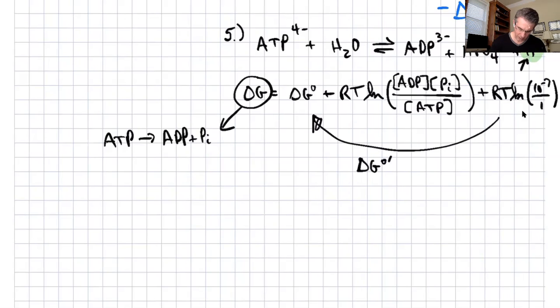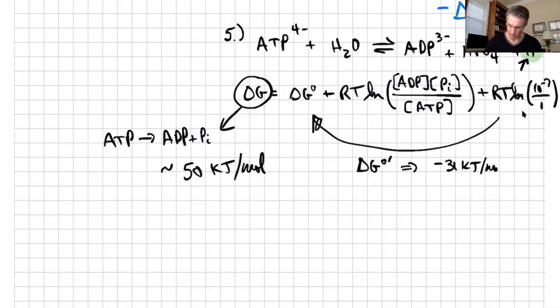So again, you put all of this together at neutral pH, buffered neutral pH, under physiologic conditions, the actual ATP hydrolysis free energy for ATP is actually closer to about minus 50 kilojoules per mole, versus that standard state free energy, which is closer to something like minus 31 kilojoules per mole, right? You get an additional kick of almost 20 kilojoules per mole for the hydrolysis free energy of ATP under cellular conditions, which is great, all right?